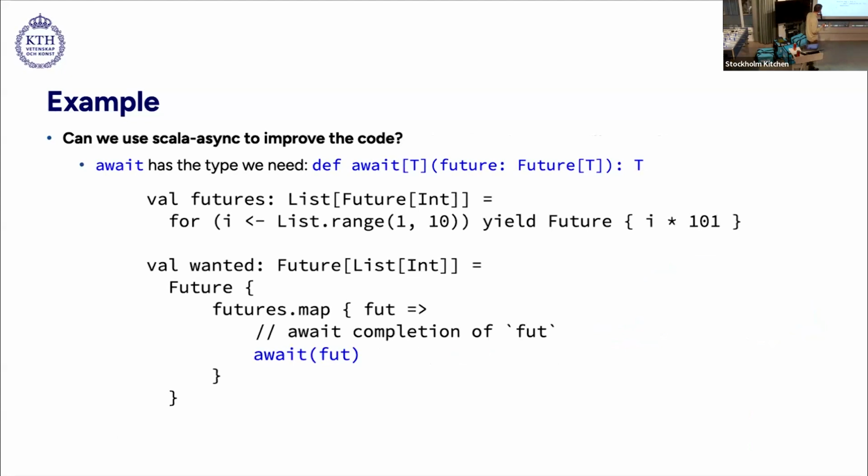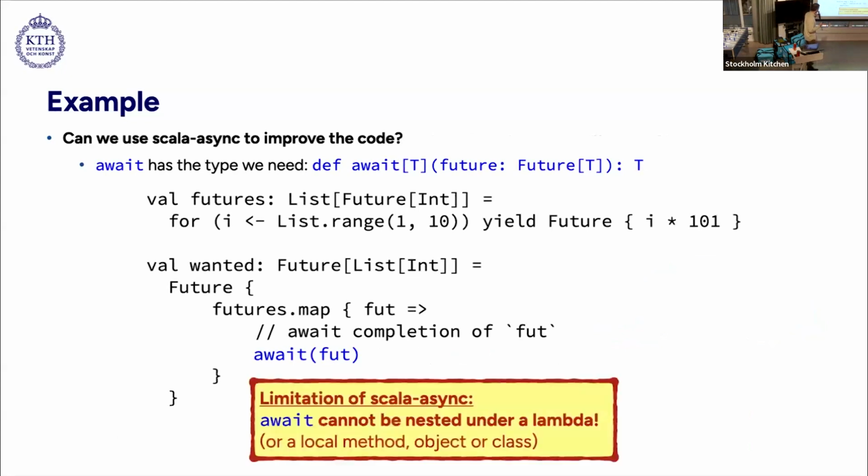The problem is that Scala async has a limitation which says that the await cannot be nested under a lambda, but that's exactly where we are. We're within this lambda. So we cannot call await at this point, and we cannot call it either if we had a local method or a class or something like that. So we can't actually use it.